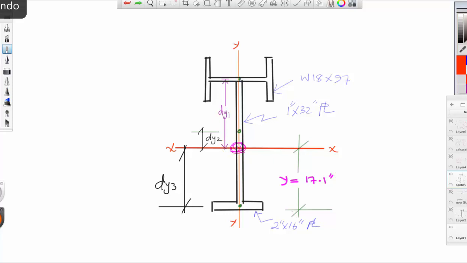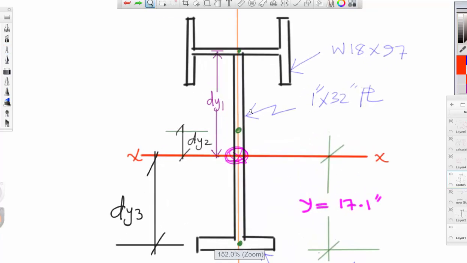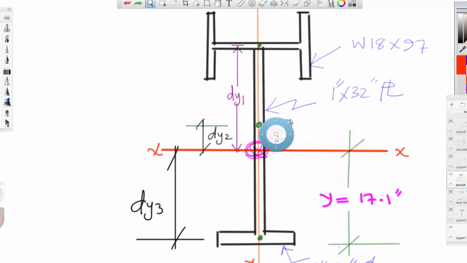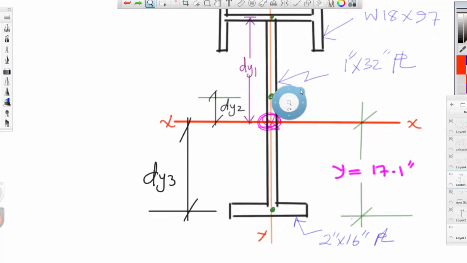If I make this a bit larger, I need the distance from the middle here till here.